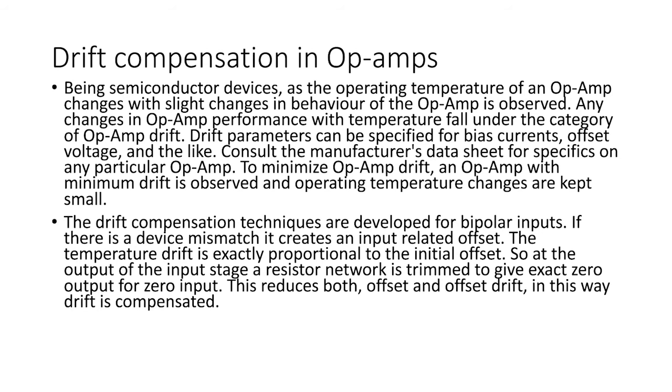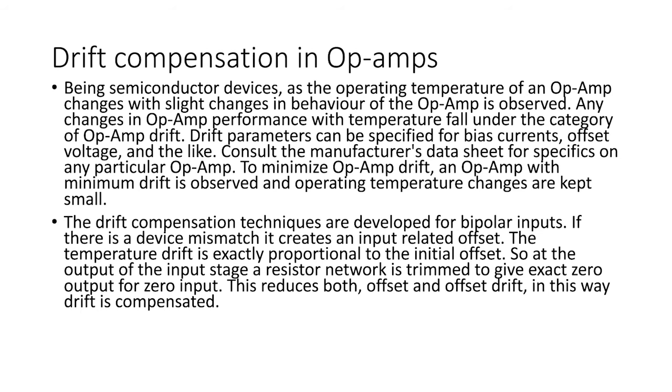Any changes in op-amp performance with temperature fall under the category of op-amp drift. Drift parameters can be specified for bias currents, offset voltage and the like. Consult the manufacturer data sheet for specifics on any particular op-amp.